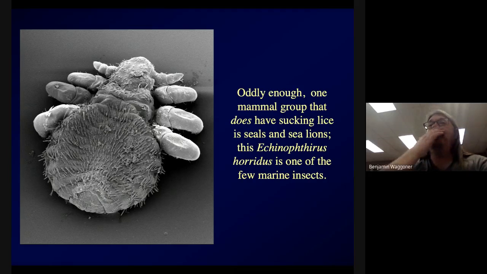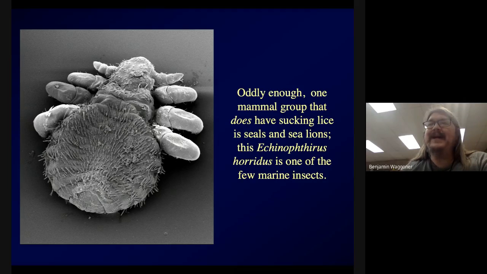And so any parasitic insect that has to make a living on a marine mammal has to cope with being immersed in cold water and diving possibly 1,000 feet down on a regular basis. So you wouldn't think that this would be hospitable, and yet there are a number of species of sucking lice that parasitize seals and sea lions. And this happens to be one of them, Echinipthyris horridus, one of the small numbers of marine insects.